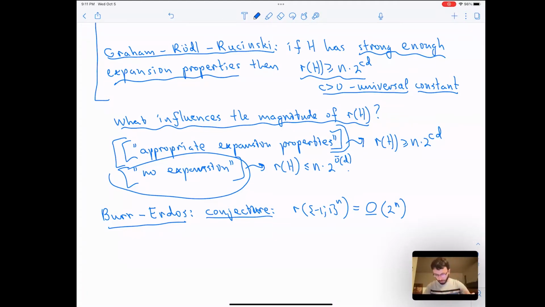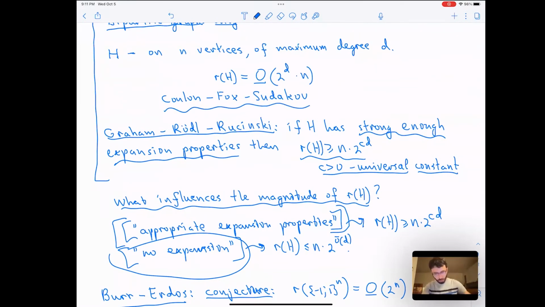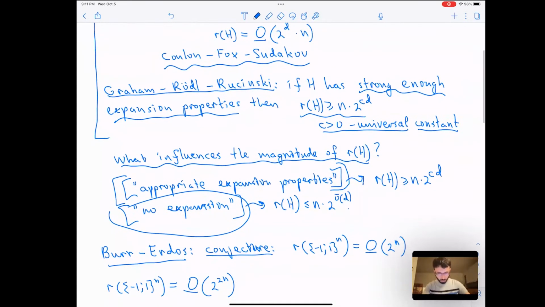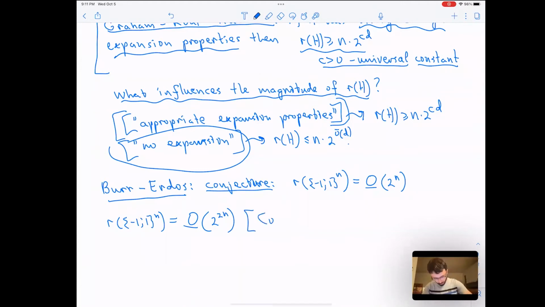So after several successive improvements, the best known upper bound on the Ramsey number of the hypercube was this: big O of 2 to the 2n, and you see this is just the result of Conlon, Fox, and Sudakov applied to the cube. I should mention their paper here.